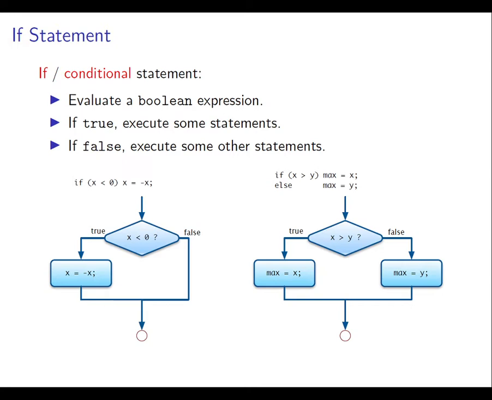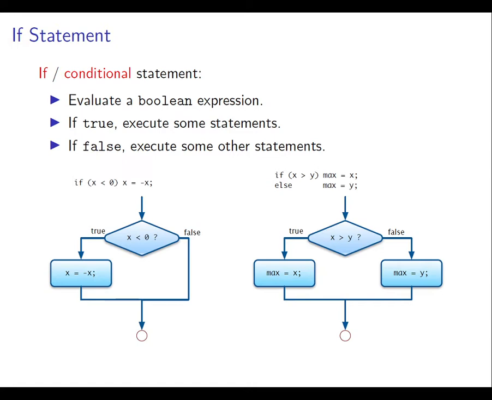And then, because of the way assignment works, the value that that right-hand side evaluates to becomes the new value of x. So in other words, if x is less than 0, perhaps it's minus 7, then we evaluate the right-hand side of the assignment statement, which gives us 7, and then the assignment statement as a whole sets x to be 7. So the overall effect is that x was previously minus 7 and now it is plus 7. So we're negating it if negative. That's a useful thing to do.